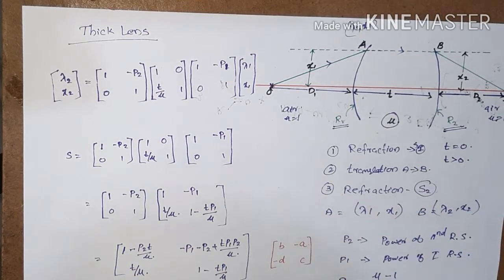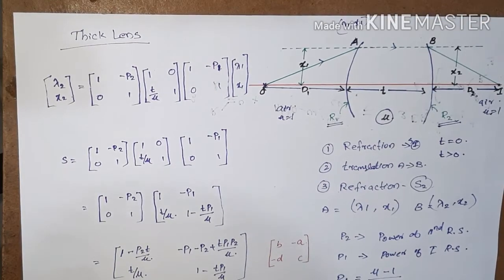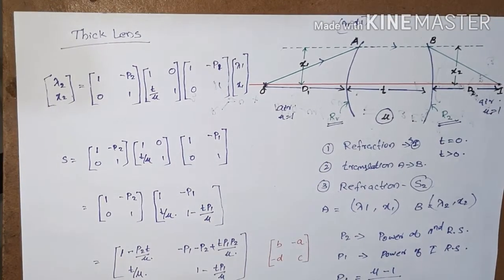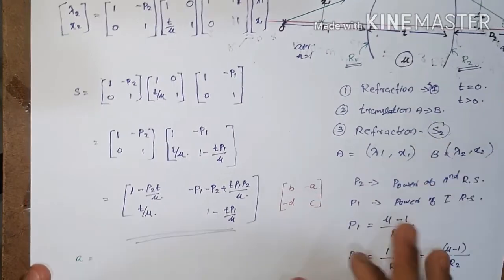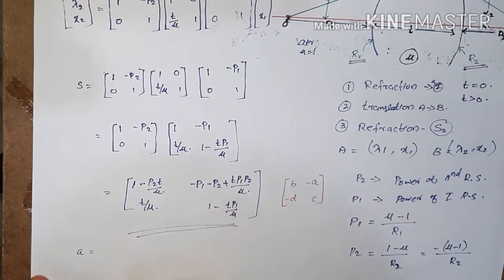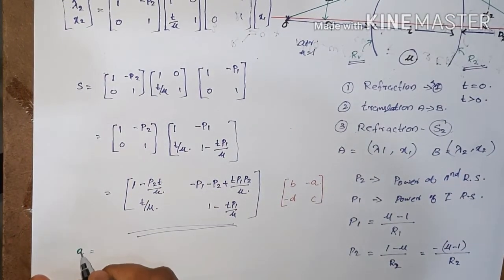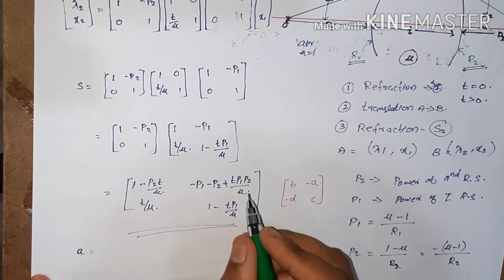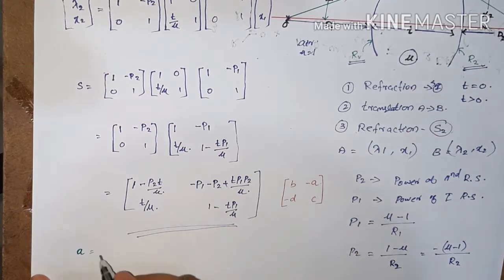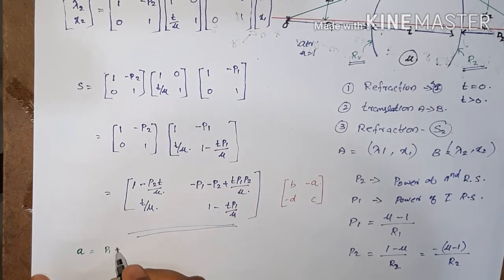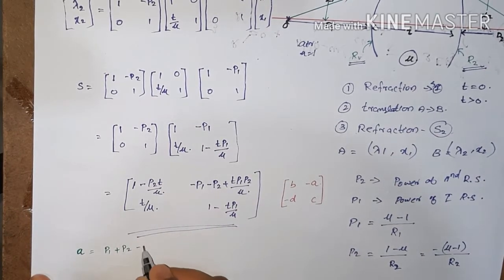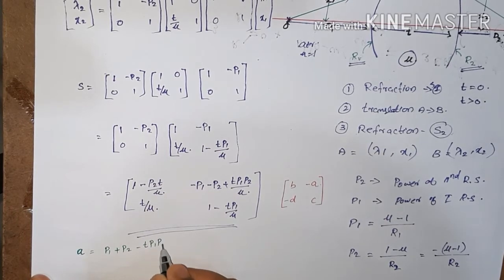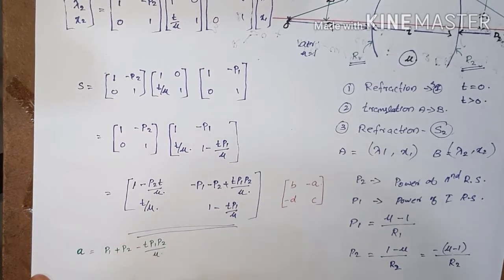Comparing these two matrices, the value of A, taking the negative outside, will be P1 plus P2 minus T P1 P2 divided by mu.